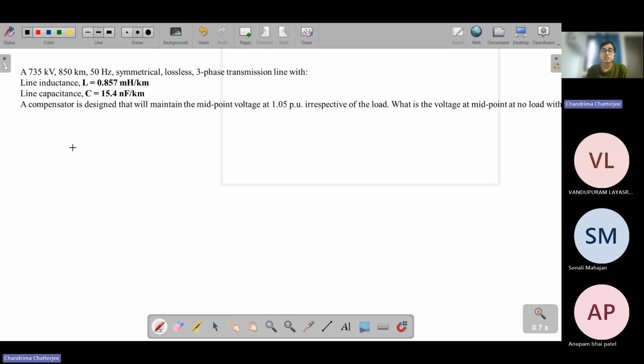Okay, so let's start. Now we need to find out the midpoint voltage when there is no compensation.